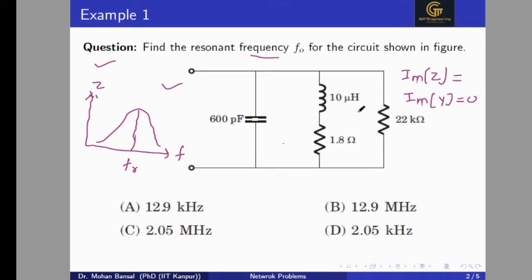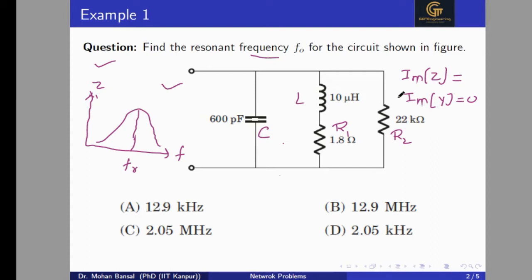So the overall point is that we have to compute the impedance or the admittance of this circuit. Let's begin. I think you are familiar with finding the equivalent impedance or equivalent admittance of a circuit, so you can easily find the resonant frequency. We understand this is the capacitor, C, this is the inductor, L, this is the resistor, we can name it R1, and this one R2.